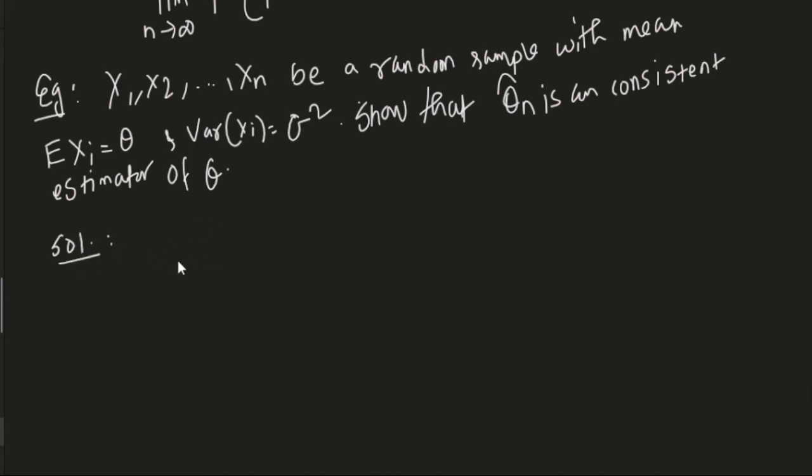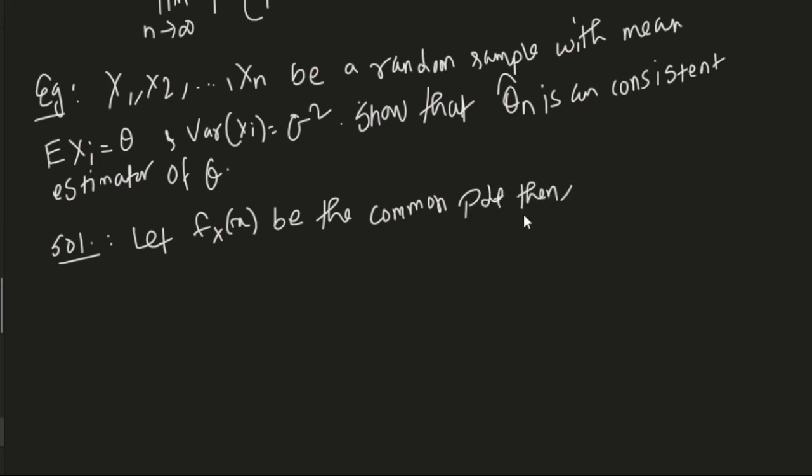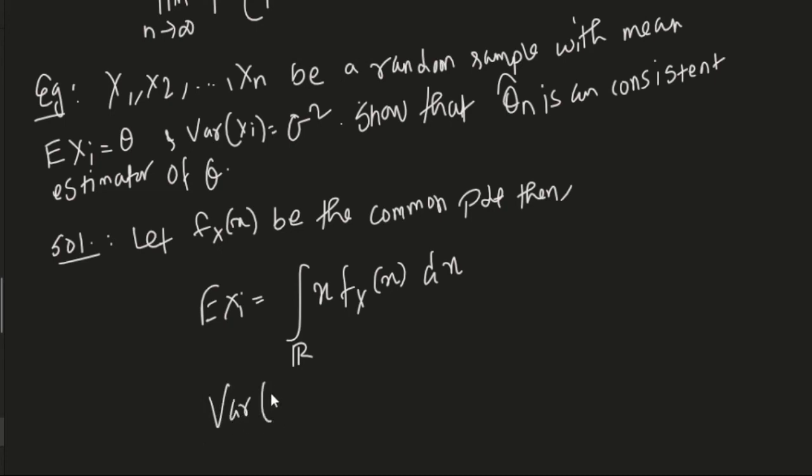Let f(x) be the common PDF. Then E of Xi is simply the integral of x f(x) dx, while variance of Xi is the integral of (x minus E of Xi) squared f(x) dx.